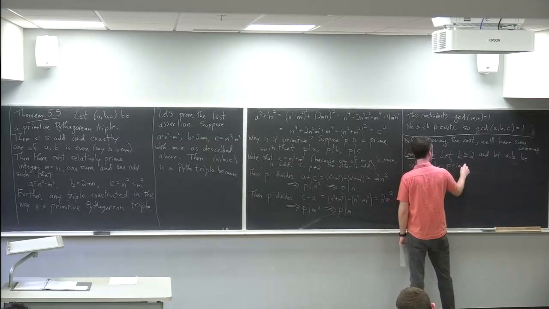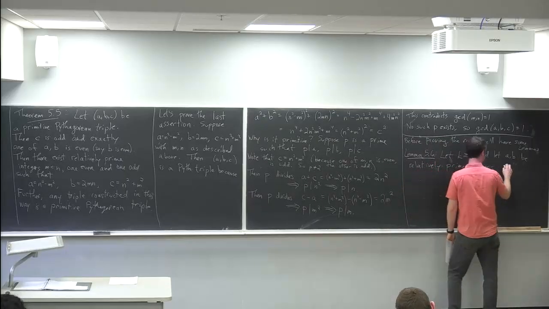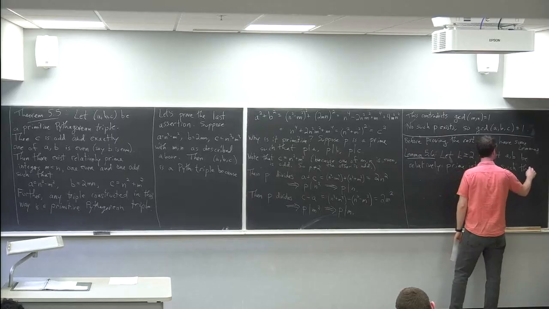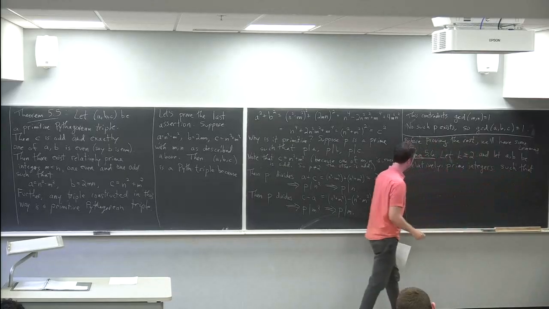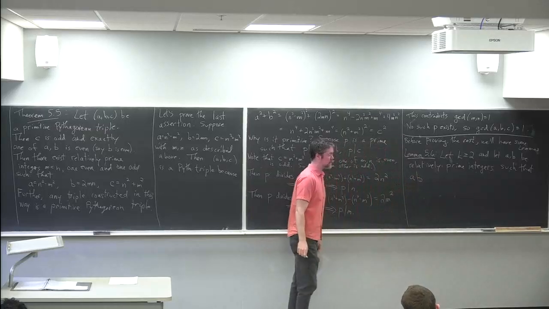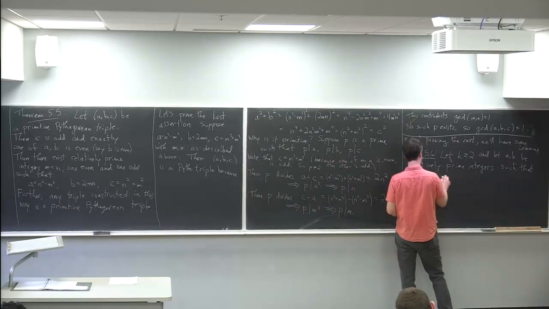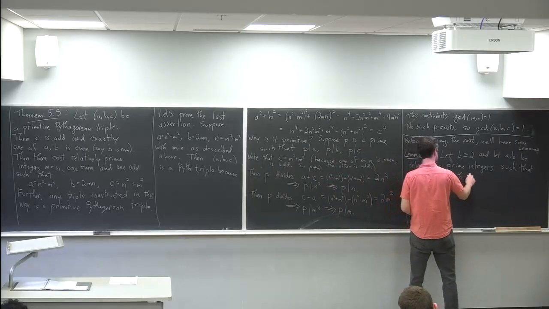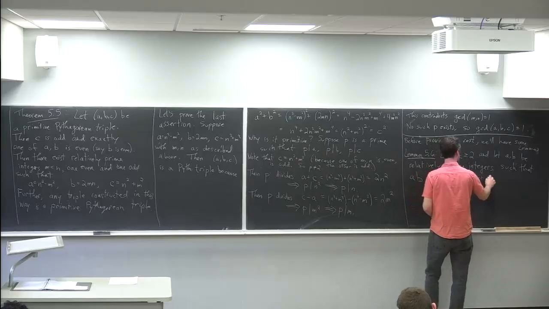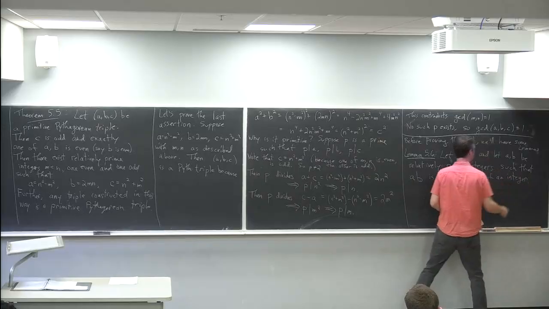So we're going to have relatively prime integers with the property that when you multiply them together, their product is a perfect kth power. So this is a kth power of an integer, like a perfect square, for example.